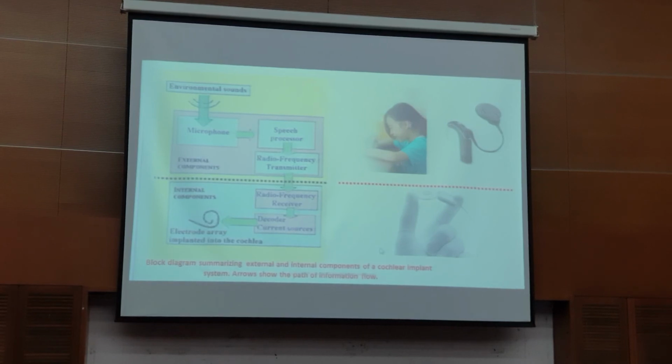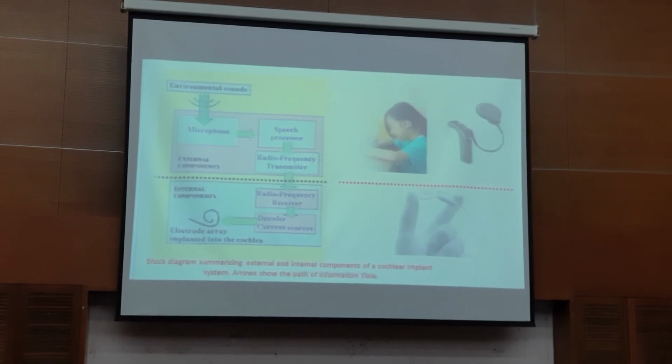Many years ago there were a lot of studies looking at whether having a lot of spiral ganglion cells would mean better results. But another study showed that's not necessarily the case.